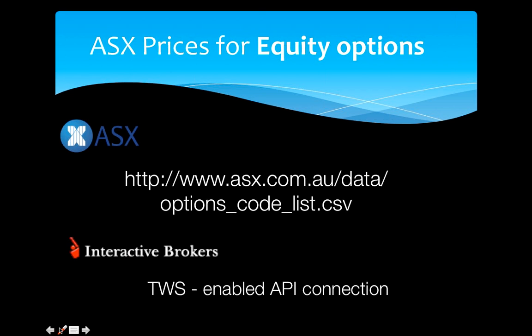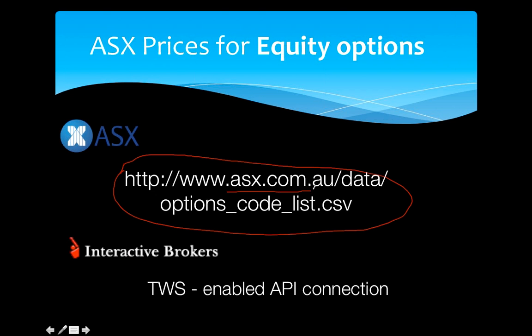I will just mark it in red, using my pen. You can see this is the address, and it is directly on ASX data. All you need to do is click on the website and save it as a CSV file, which is Excel format as well.